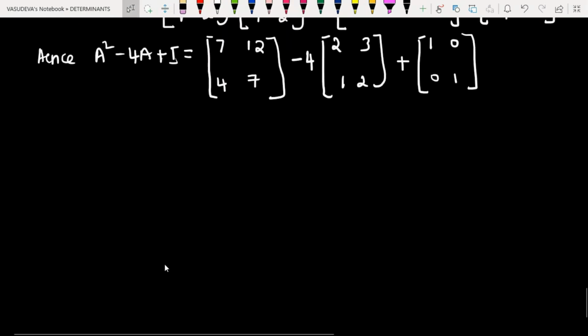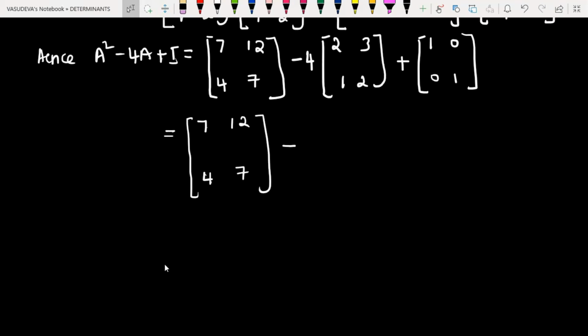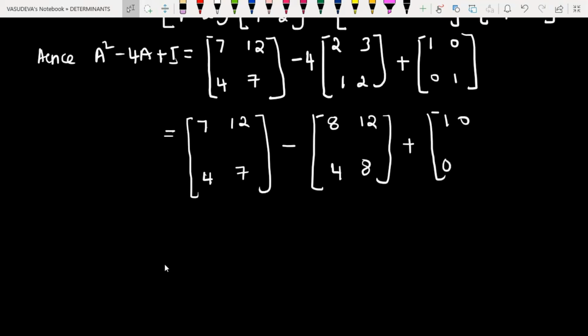Now this is equal to 7, 12, 4, 7, multiplying the matrix by 4, 8, 12, 4, 8, plus 1, 0, 0, 1.